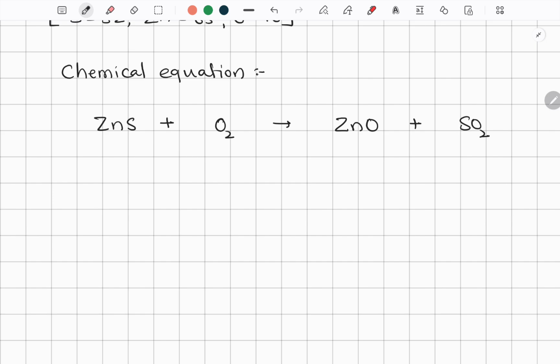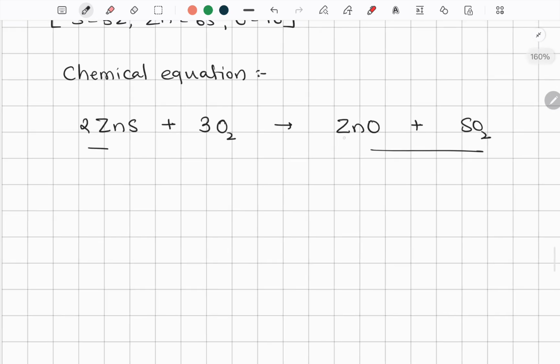Okay, so is this reaction balanced? Let's see. 1 zinc, 1 sulfur, 2 oxygen atoms, 1 plus 2, 3 oxygen atoms. That means it is not balanced. On this side we have 3 oxygen atoms, on this side we have 2 oxygen atoms. What should we do? 3 oxygen atoms over here and 6 atoms over here now, so we have to multiply this by 2.